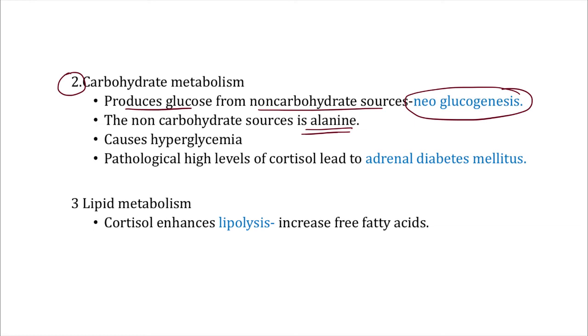Very important. Since we now know that by using non-carbohydrate sources cortisol produces glucose, that's why cortisol causes hyperglycemia. So in pathological conditions with high levels of cortisol, a patient can develop diabetes mellitus. Since this diabetes mellitus arises from the adrenal glands, it is known as adrenal diabetes mellitus.